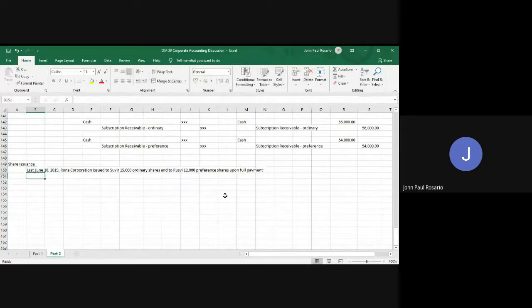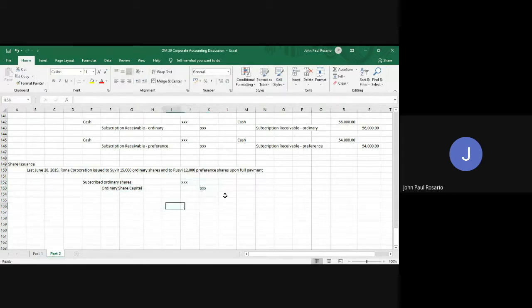So, nag-fully pay naman siya, na-issue na din sila og shares. So, ang ato ang pro forma entry for issuance of shares would be subscribe ordinary shares, and then ordinary share capital, XXX.